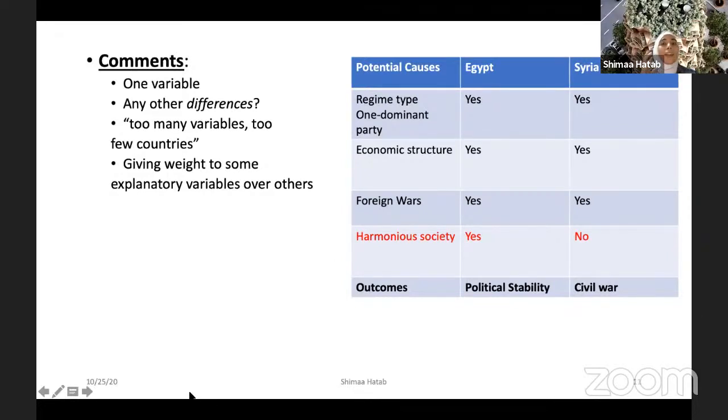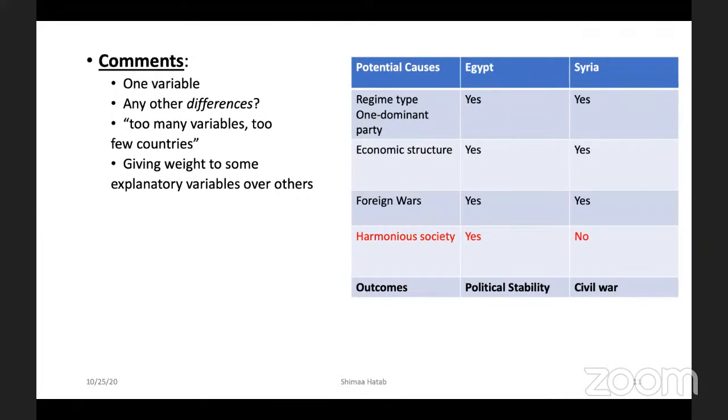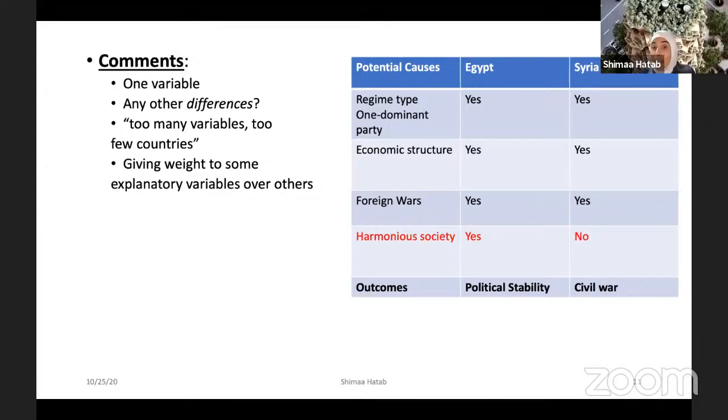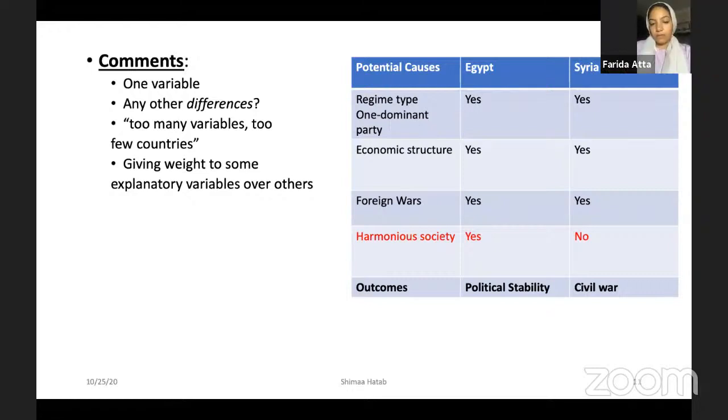Logically, what I need to examine is different outcomes. How the regime once and for all quelled the uprisings in 1981, while in 2013 it went out of its control. Yes, so this is related to this design, not the other one.